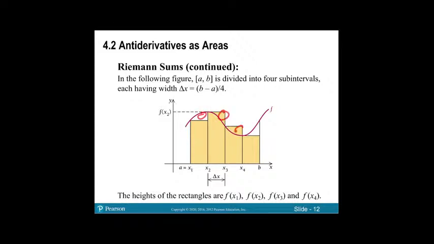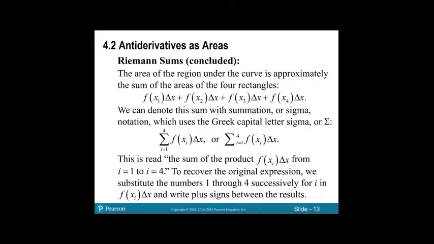So it is safe to say that the smaller the subintervals, the better the approximation of the area under the curve. So the area of the region under the curve is approximately the sum of the areas of the 4 rectangles. So area is what? Length times width. So the length times the height plus the length times the height plus the length times the height, plus the length times the height. We can denote this sum with summation or sigma notation. The Greek capital letter sigma is here.